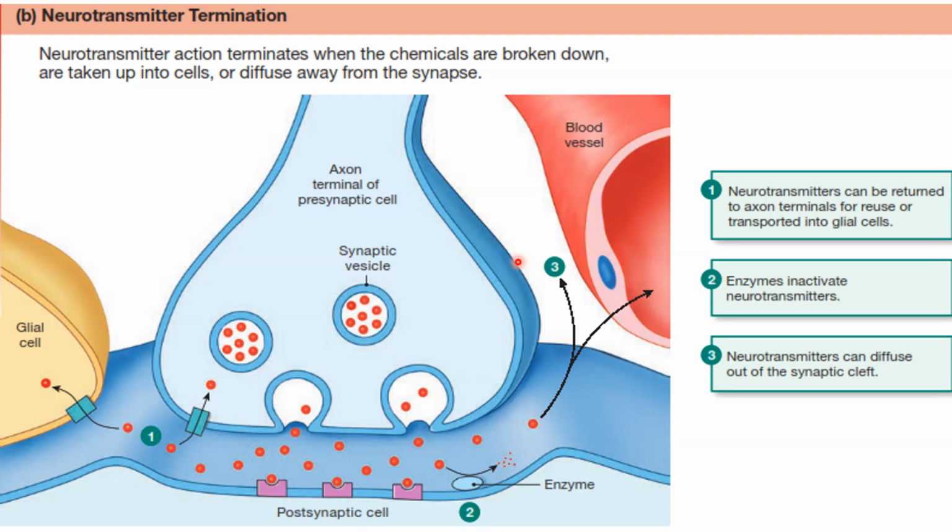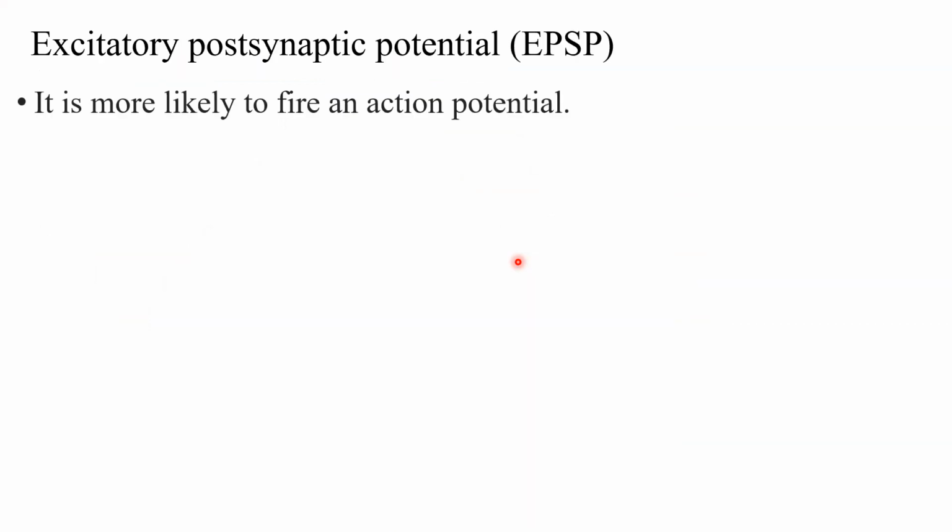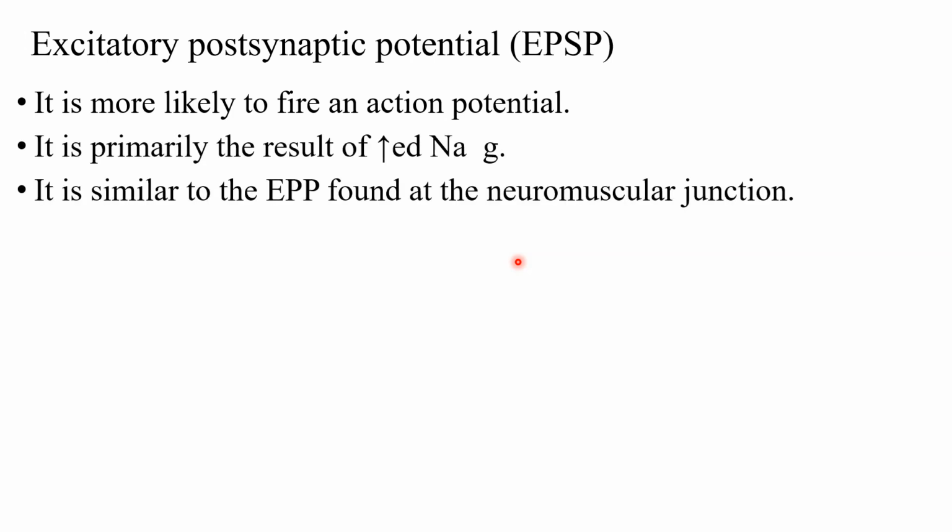I think this is a repetition. There is a lot of information in the slides, so go through that. Excitatory means it is causing firing of an action potential. More likely, right? Opening of the sodium channel, the calcium channel, or closing of the potassium channel or the chloride channel causes an excitatory postsynaptic potential, right?